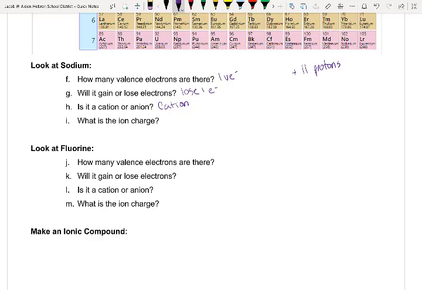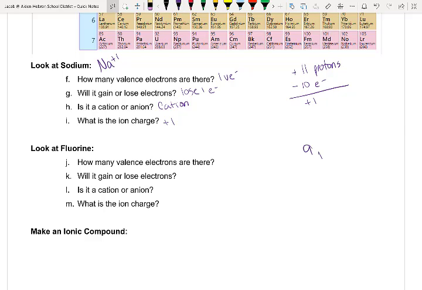And then the charge is going to be a +1. Again, it's losing 1 electron, right? So it'll only have 10 there then. So 11 minus 10 gives you +1. All right, so we have sodium, Na +1.